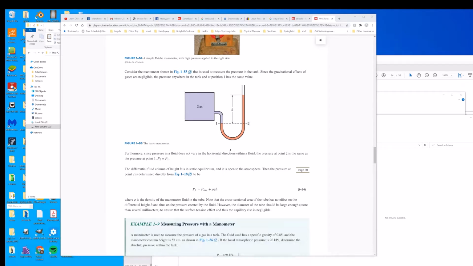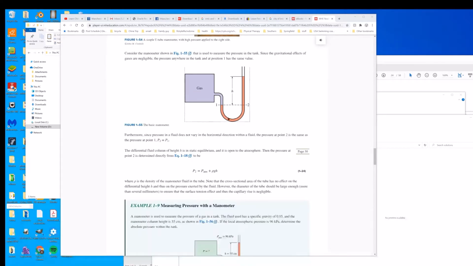Okay. So when we first start looking at a problem like this, what we'll recognize is that in this column, if you're at the same elevation, you're going to have the same pressure at any point that's at the same elevation. So pressure 1 and pressure 2 are the same. Then, what we're really looking for is the pressure here at point 1.